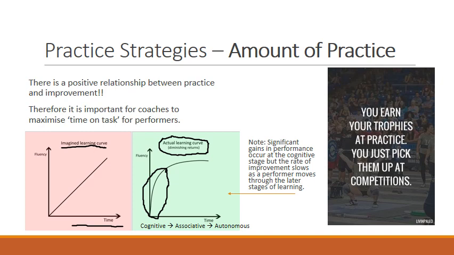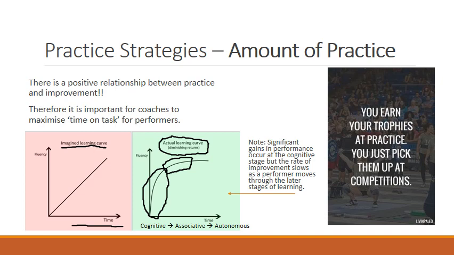So by the time you're in the associative stage, you are still improving, but you're not improving as rapidly as you were in the cognitive stage. So 4 weeks of training in the cognitive stage, you will have improved a lot more than the 4 weeks of training within the associative stage. However, at the end of the associative stage, you're still a lot better than what you were at the end of the cognitive.